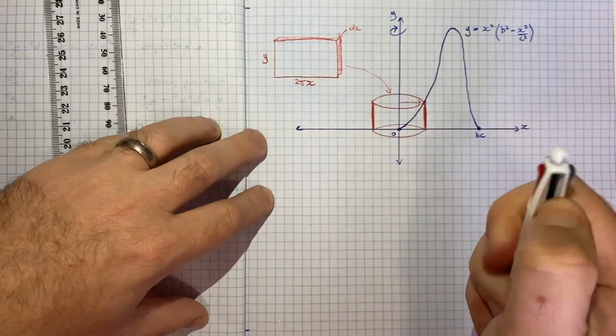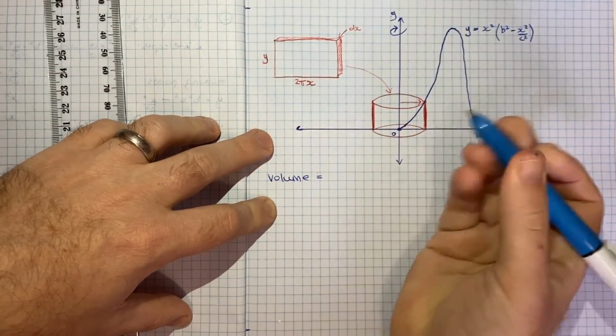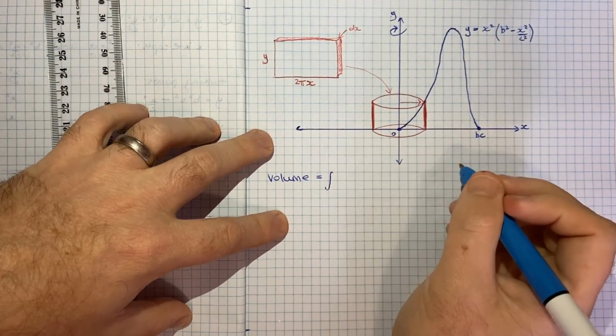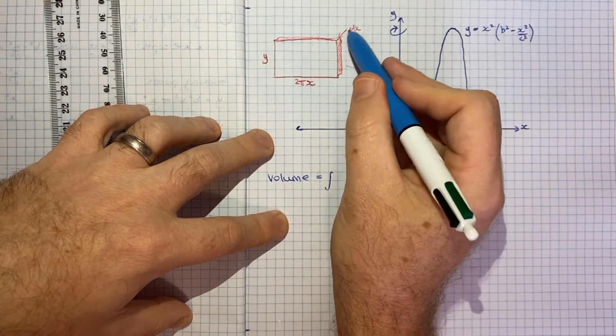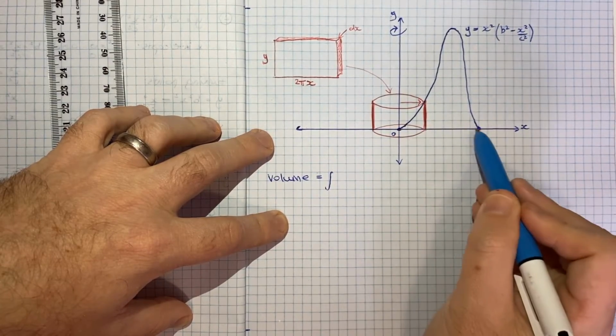So here we can say that the volume will be equal to, and again we're going to have integration, and we're going to be integrating here because we're doing change in x, we're going to integrate between the x values that we're concerned with.